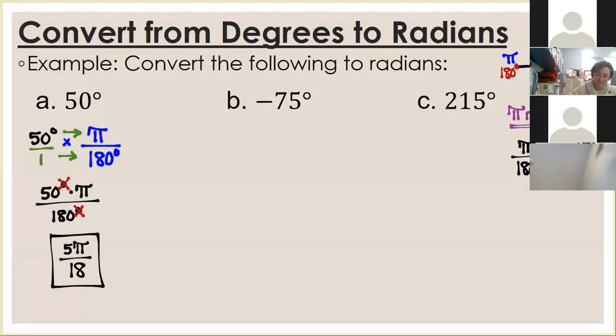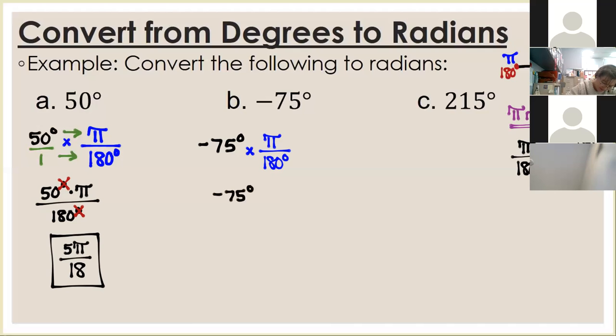Do the same thing with B. I have negative 75 degrees. I want my degrees to cancel. So which proportion do I want to multiply by in order to get the degrees to cancel? Pi over 180. So I'm going to multiply top to top, bottom to bottom.